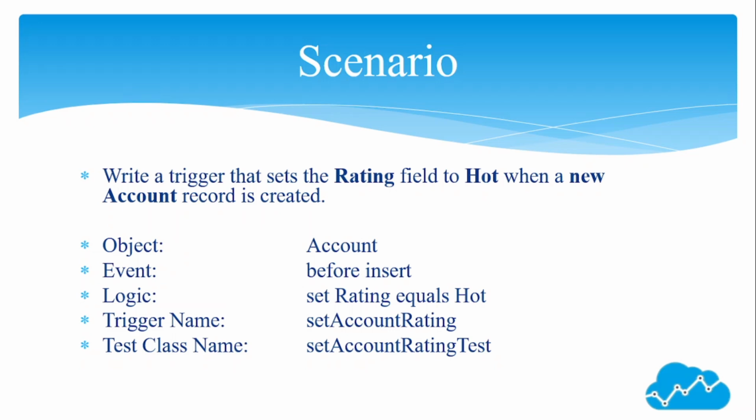If the scenario is complex, then we have to decide what the triggering point is. So first we decide on which object we are going to write the trigger. After deciding the object, then comes the event, that is, before or after.